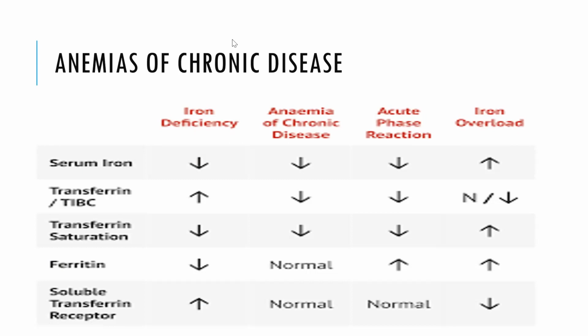So that's why the saturation is low, since the iron present is low. Thank you. So just remember, once you know that the transferrin in iron deficiency is high, then the one for anemia of chronic disease is low. You'll be able to get a hang of it.